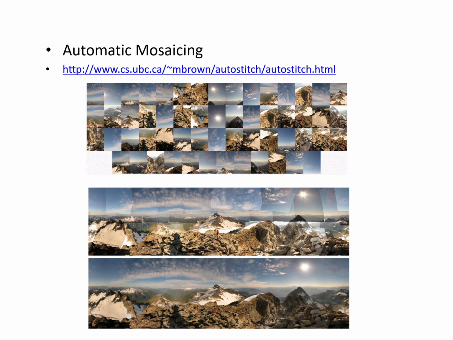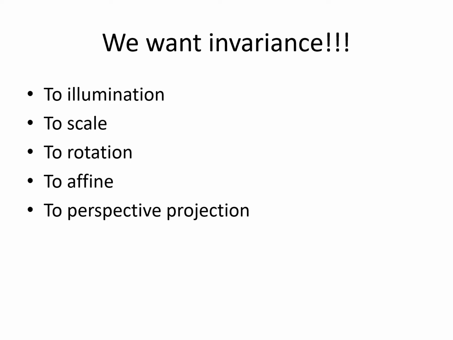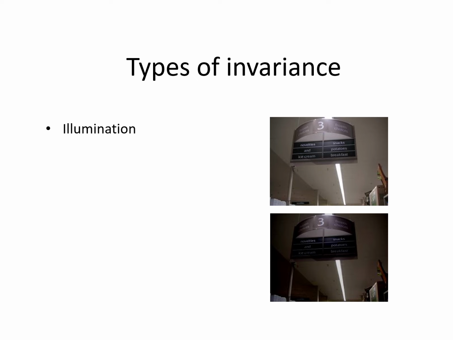It means we can easily incorporate the subpixels to form natural scenery. We want invariance in order to eliminate scale, rotation, affine, or perspective projection, and these types of variance in illumination.